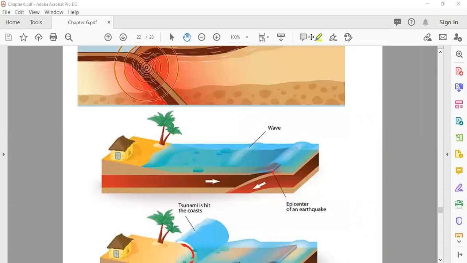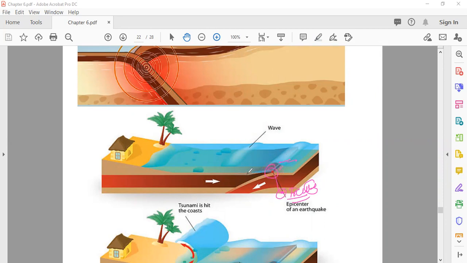You can see here another example. Somewhere here is, let's say, the center, or the focus, of the earthquake. Above the ground, you have what? Epicenter. Got it?